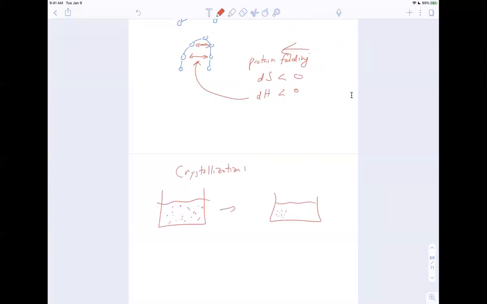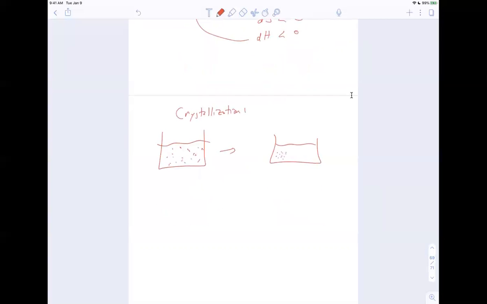Here what happens is that you gain enthalpy from the interactions of the molecules of the crystal, so they actually interact with themselves, so there's an H component that's negative, even though you would say now that you're going from a state where you have many microstates to one perhaps microstate or very few microstates, because we know that in a crystal everything is in a lattice, and so there's not too many different microstates.